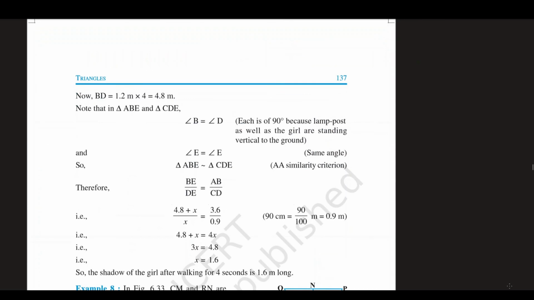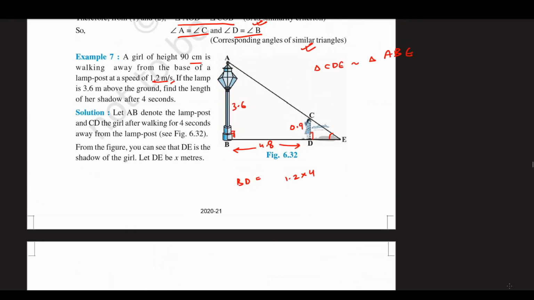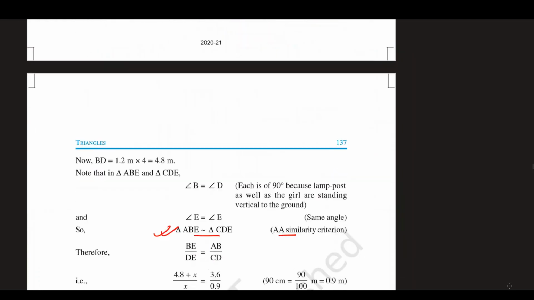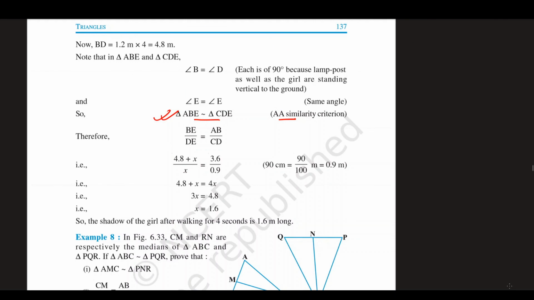Yes, ABE and CDE are similar by AA criterion. Why AA criterion? Because angle E is common in both. This angle is 90, hence the third angle will also be the same in both cases. Then we have BE upon DE is equal to 4.8 upon x. 4.8 plus x upon x is equal to 3.6 upon 0.9, and we can calculate x from here.